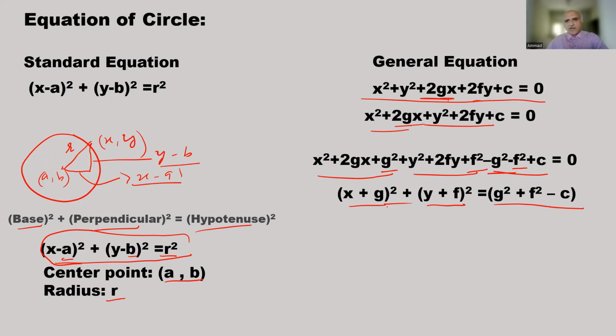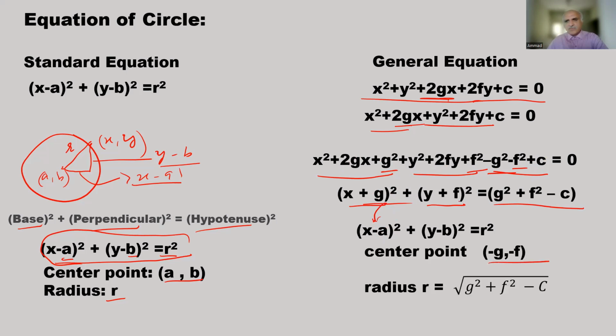So by comparing this equation with the standard one, we can define the center point of this equation. Here g is equal to minus a, so we can write the center as (minus g, minus f). Similarly for f, and radius is equal to this whole term.